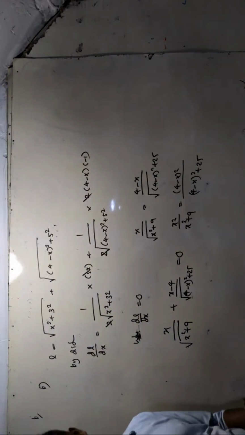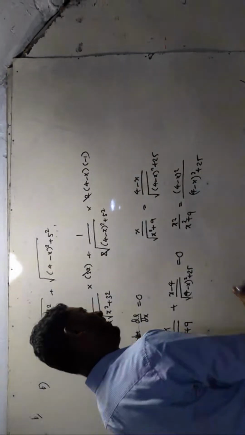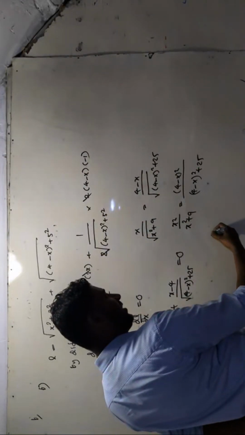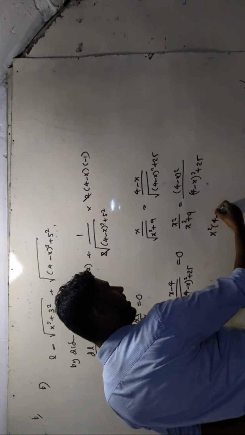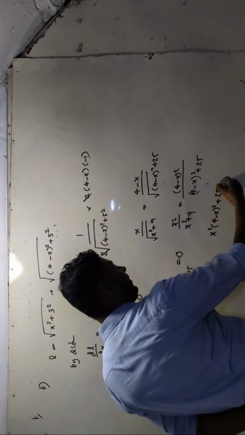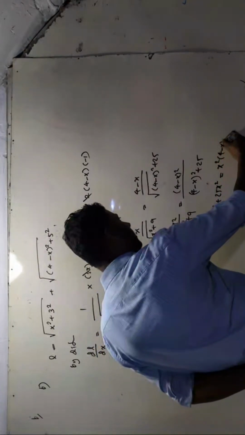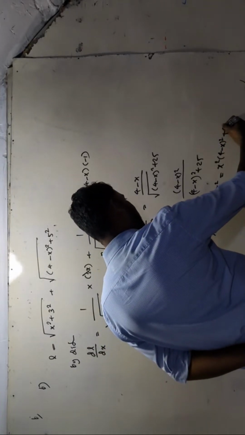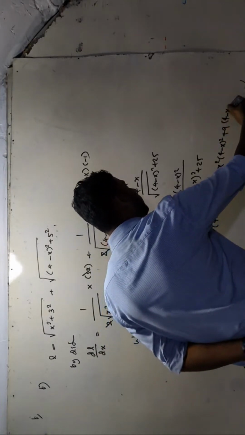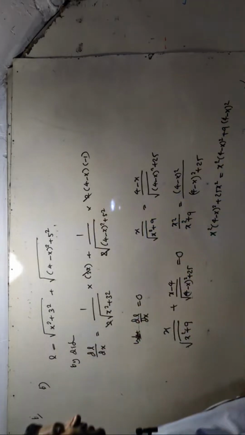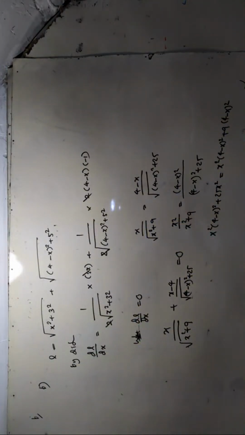Quite difficult, these questions. Right. So x squared into ((4 minus x) squared plus 25) equals 9 into (4 minus x) squared, plus x squared into (4 minus x) squared. I thought this was a very easy question.